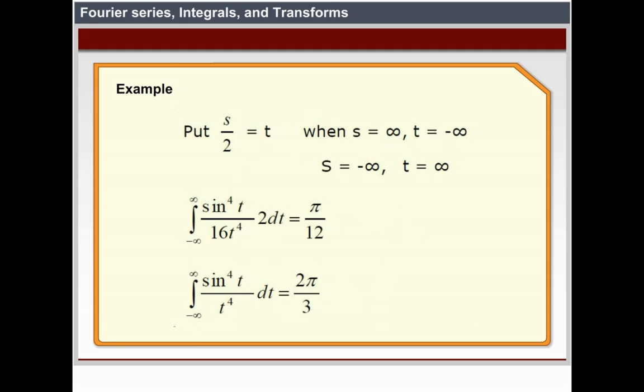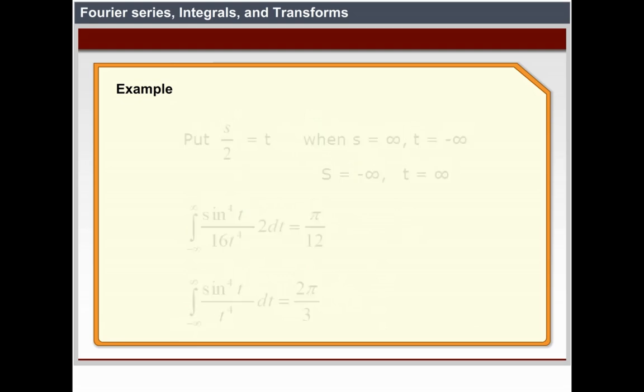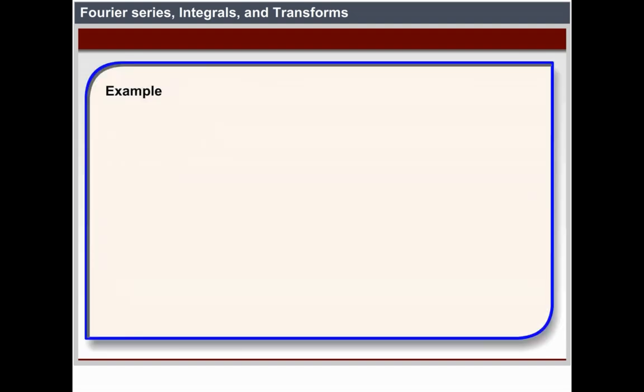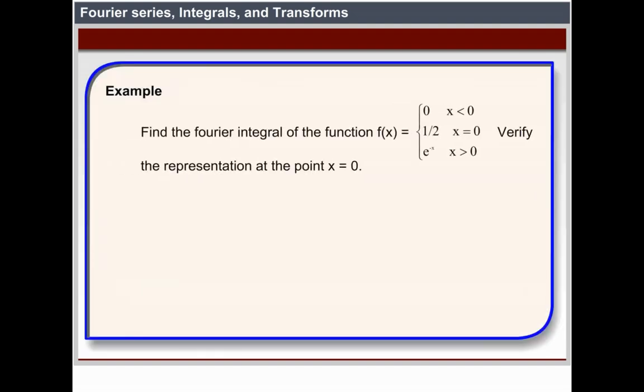Again, we convert the limit using the even function: 2 times the integral from 0 to infinity of sin^4 t / t^4 dt equals 2π/3. So the integral from 0 to infinity of sin^4 t / t^4 dt equals π/3. Hence proved.